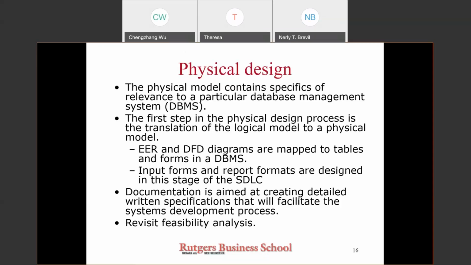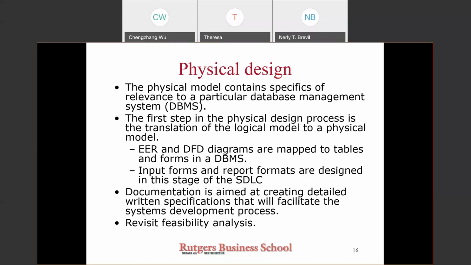Technical feasibility is also easier to evaluate upon completion of the detailed physical model. It is possible that currently available technology may be inadequate to fully implement the detailed design.